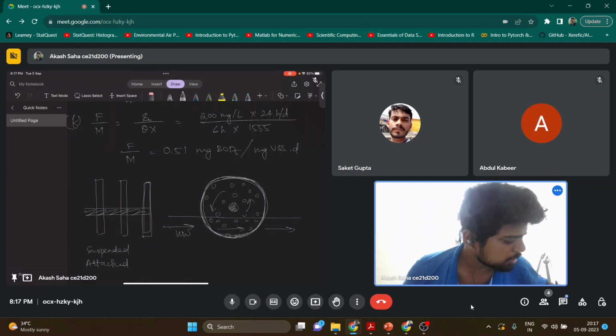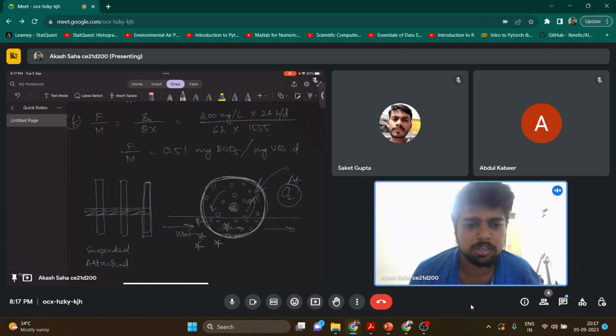Now suppose these are all the organic matter present in the system. It comes and gets attached to the media, where microorganisms are also present, and while this disk is rotating, it will come in contact with the atmosphere, or rather oxygen.